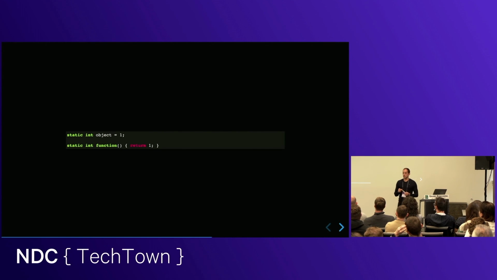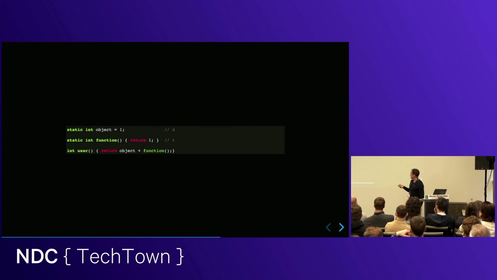What if I make them static? Now they have internal linkage. What changes then? Now I get these lowercase ones, because they have internal linkage and local binding, so they can't be seen from the outside after you compile this. I put a question mark here, because if I actually use them, I get them.